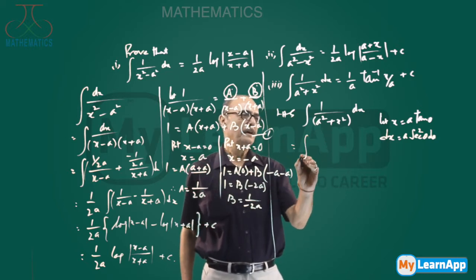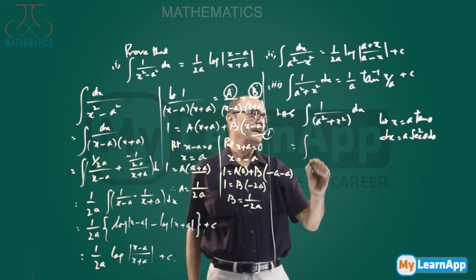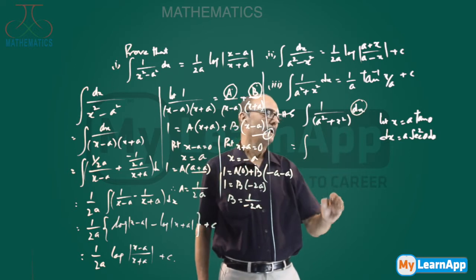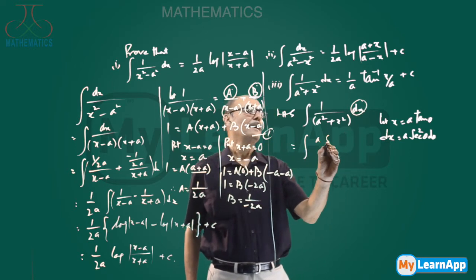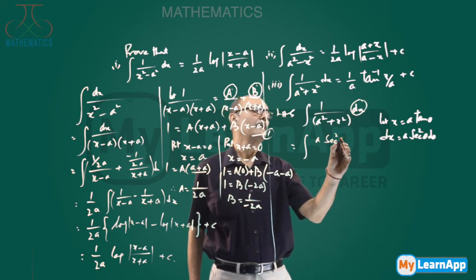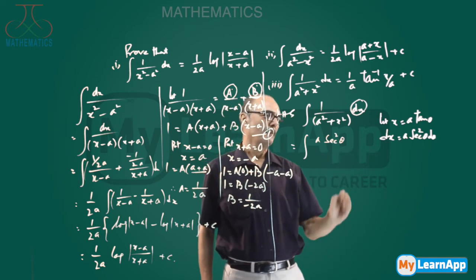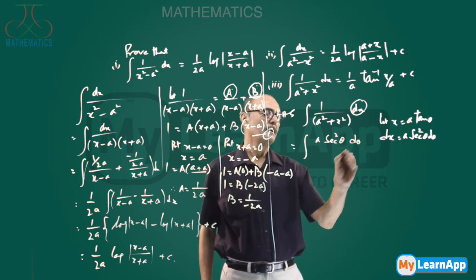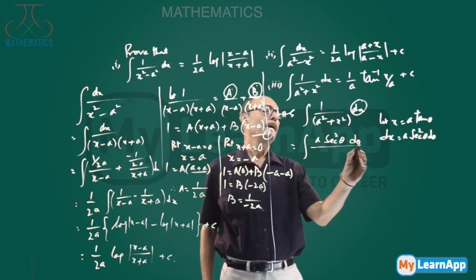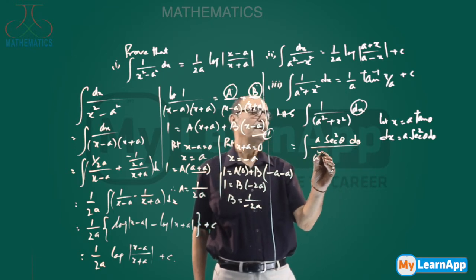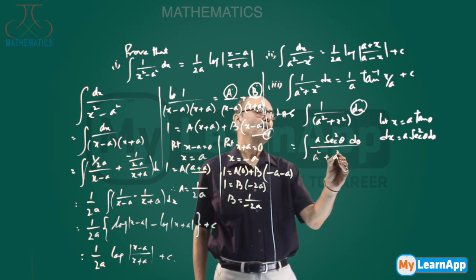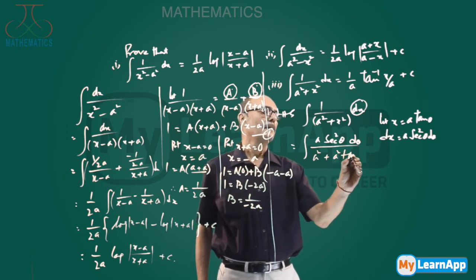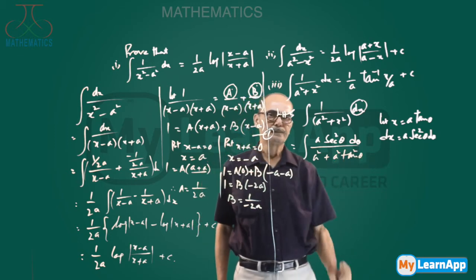So, this is integral, replace this dx by a secant square theta d of theta, divided by a square plus a square tan square theta.